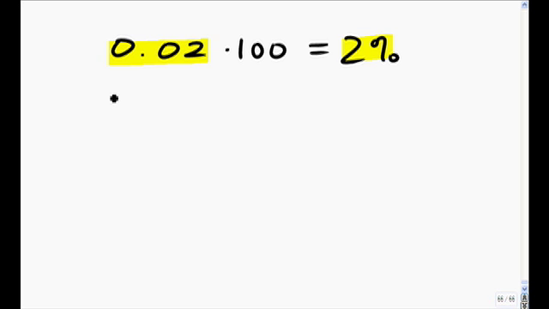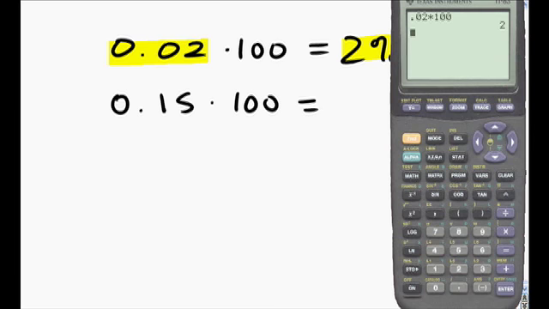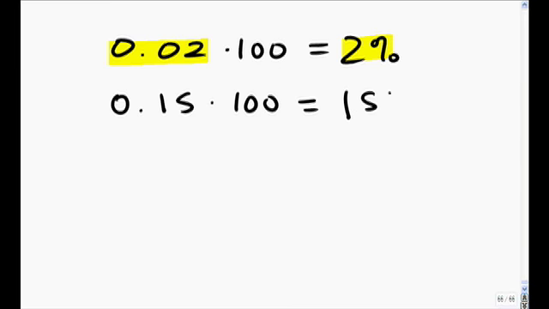If we look at the numerical relationship of 0.15 and we multiply by 100, we get 15%. That is, 0.15 numerically represents 15%.